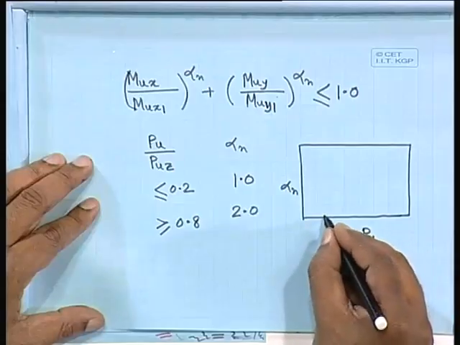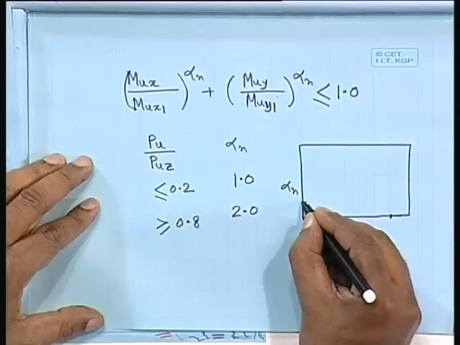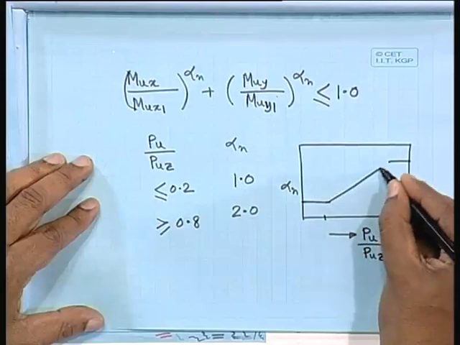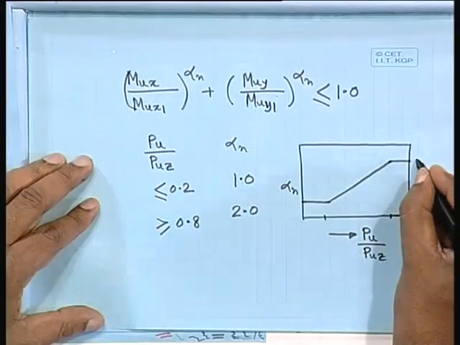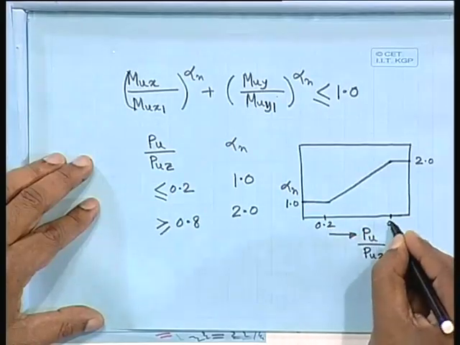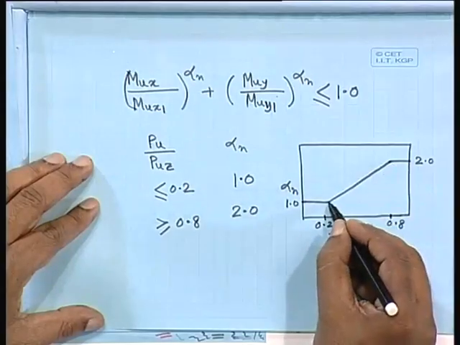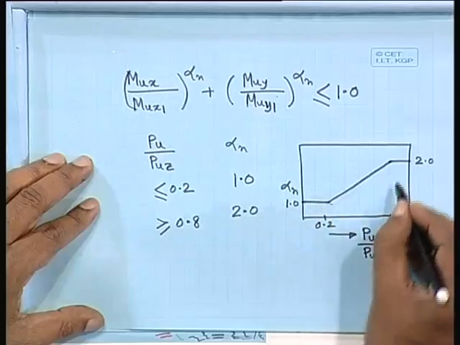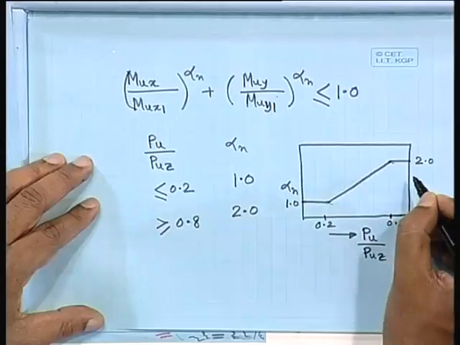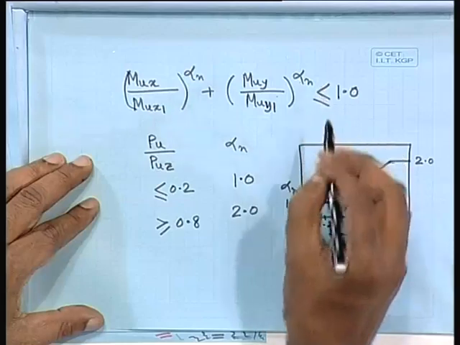This is your 1 and this is your 2, with 0.2 and 0.8 on the other axis. In between, you simply linearly interpolate the value of alpha n to put in here.